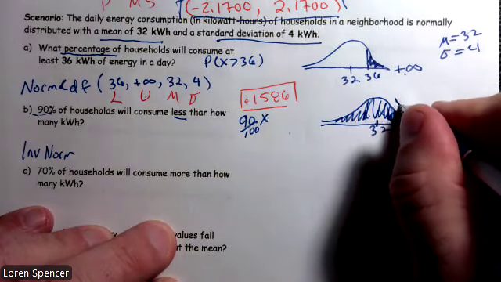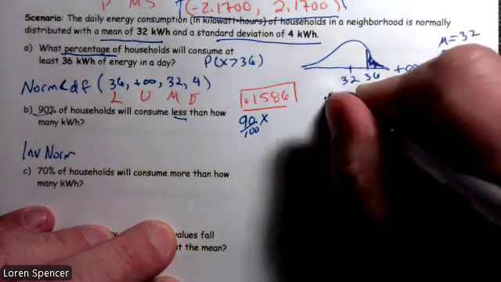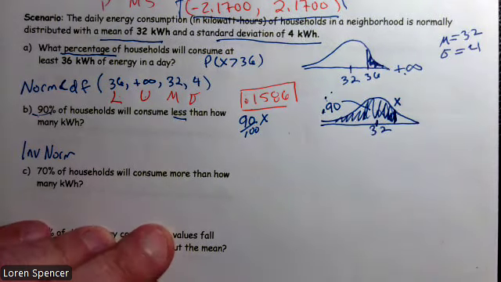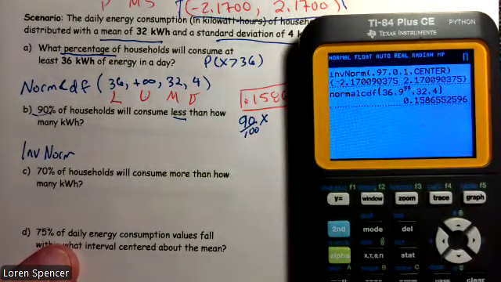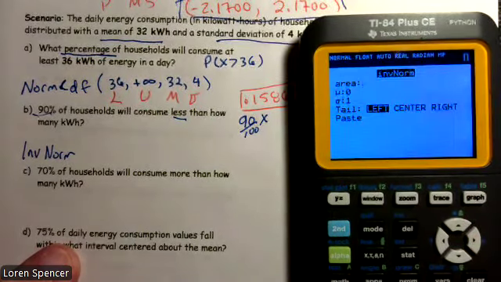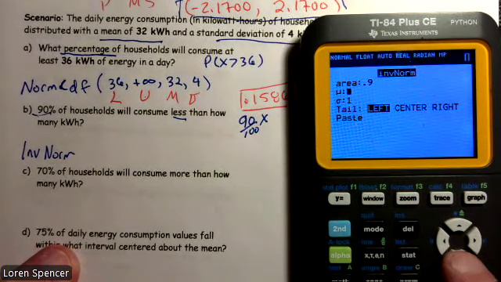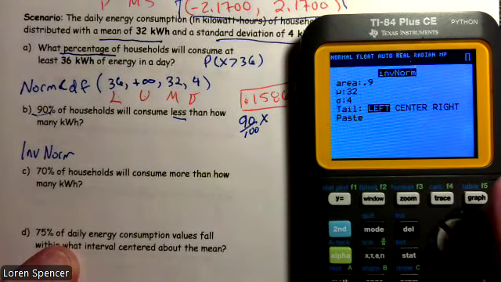We're looking for an x value, and we're looking for that x value that is associated with 0.90. So inverse norm. We go to our calculator, second vars, inverse norm, and we're going to put in 0.90. It's going to ask for our mean, which was 32, and our standard deviation was 4.